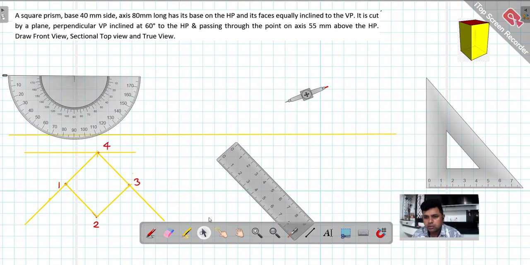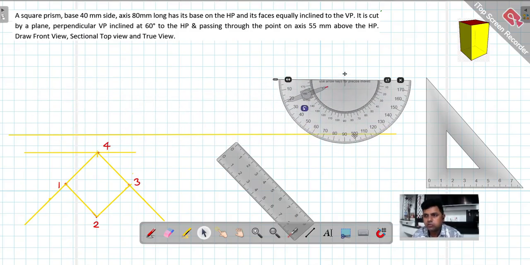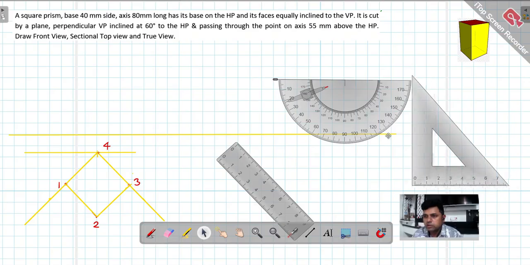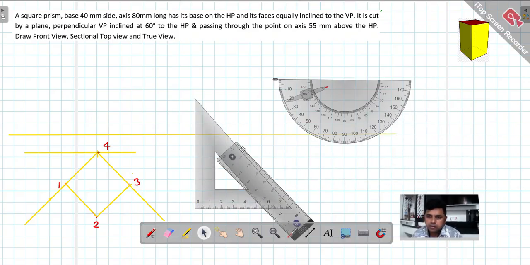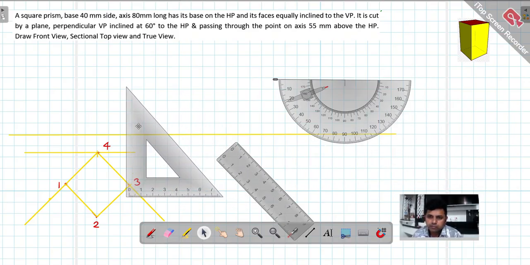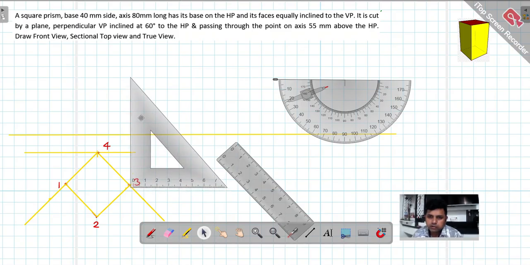Now it is very simple. What we need to do is project it up. So for projecting, I'm taking this and projecting it in the vertically upward direction by using a small line. I'm projecting it till the axis.